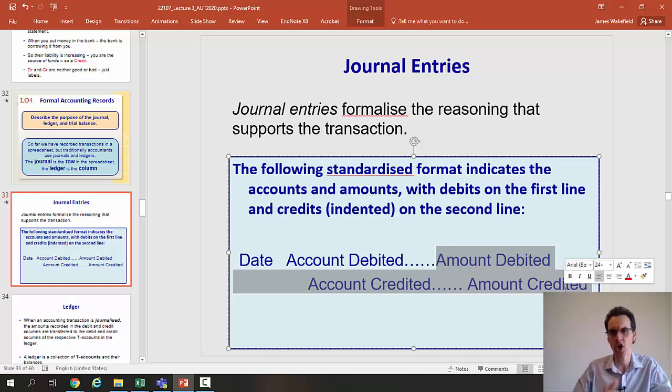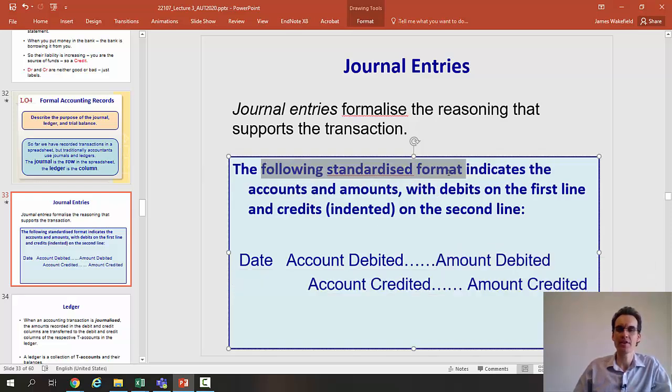And as you know, in accounting, we're following the monetary concept, which means that we record all our information from a financial perspective. So the dollars that relate to the different transactions. This is a standardized format that you have to follow every time you record an accounting transaction.